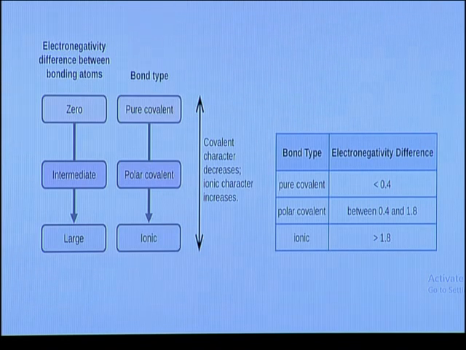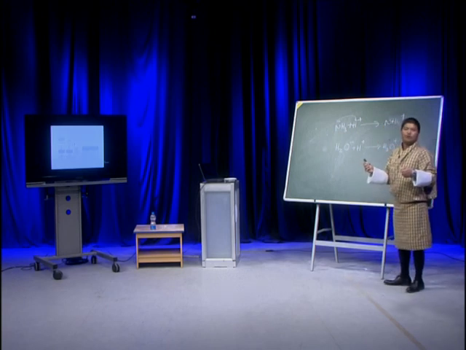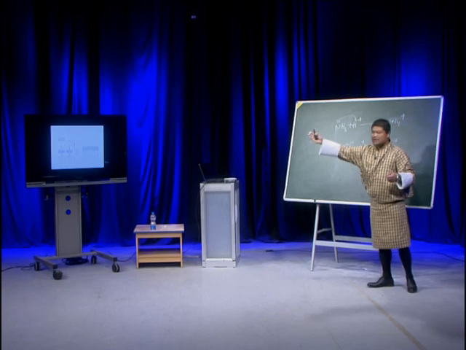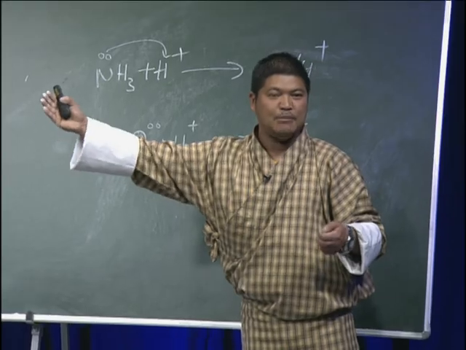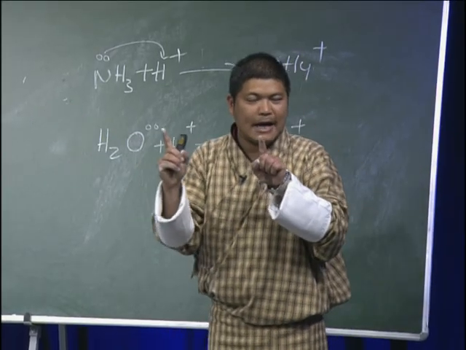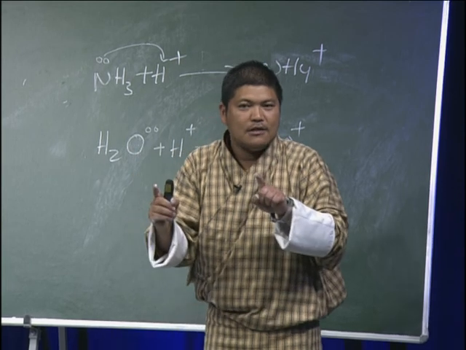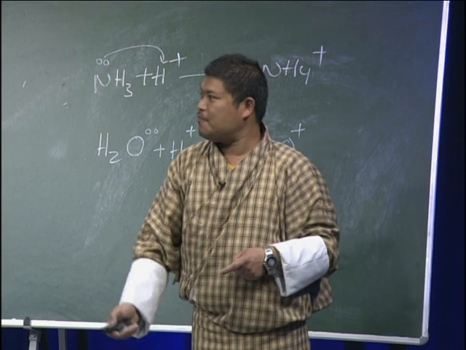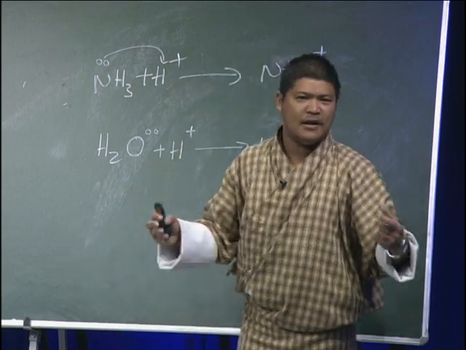And if the difference of electronegativity between the two atoms is more than 1.8, then the bond formed will be purely ionic. So the difference in the value of electronegativity between the two combining atoms determines the nature of the bond.